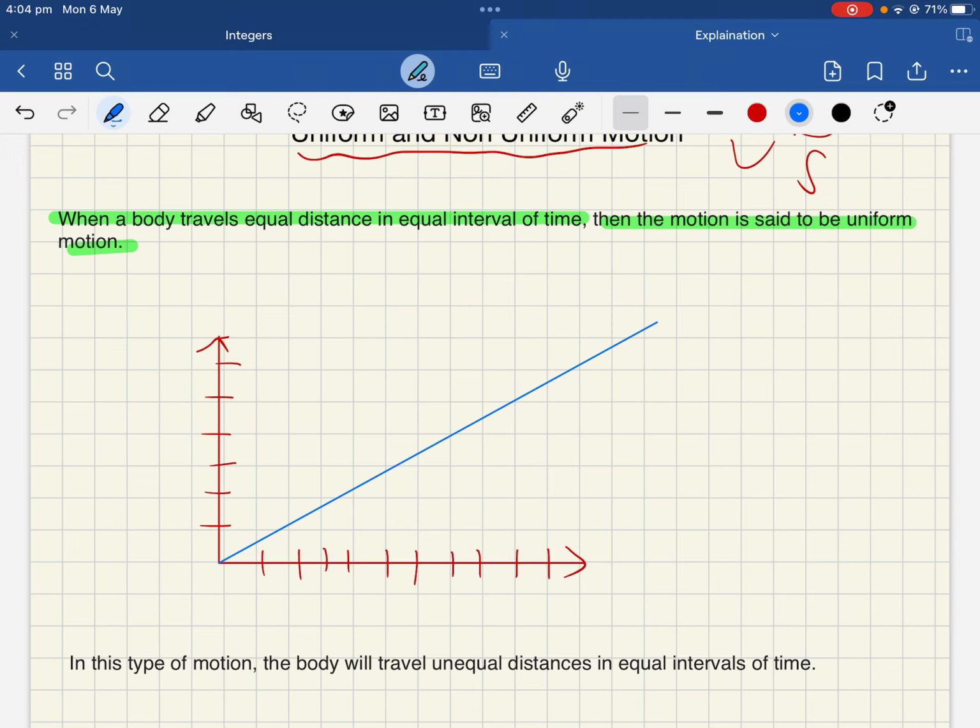For example, we have this distance and we have this distance, both are equal, and we have this interval of time and this interval of time. The distance traveled here is the same amount, and the distance traveled here is also the same amount.